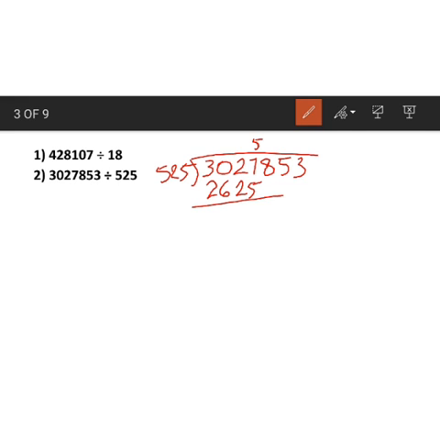When we do the subtraction, we get 402. Now we have to bring down the next one, it is 8. Now we have to check whether 525 will go in 4028.